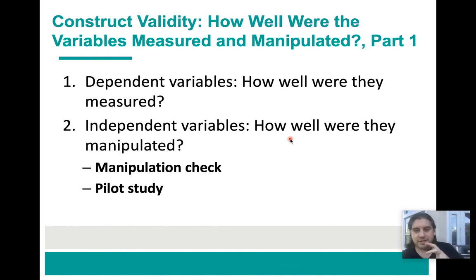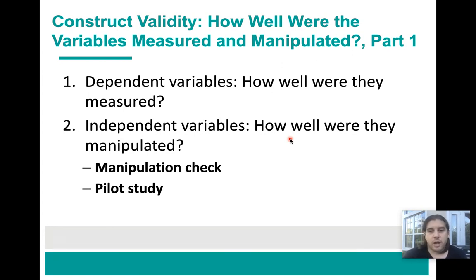So I take some people and I put them in the Bahamas, and I take some people and I put them in Winnipeg, but they're literally not allowed to leave the building. That's a pretty poor manipulation because the thing that makes those places different is the stuff outside the hotel, right? The Bahamas or Winnipeg. If I just stay in the building itself, I'm not really manipulating what I think I'm manipulating.